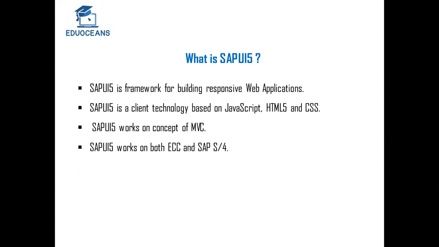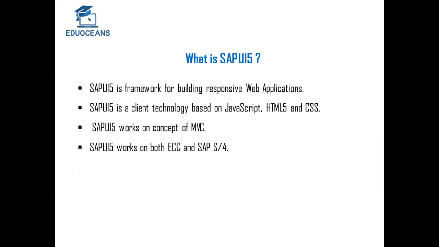Next thing, what is the MVC concept? MVC is nothing but Model View Controller. We will look at the Model View Controller in detail in a coming part. Why does SAP UI5 support both ECC and SAP S4 HANA systems?